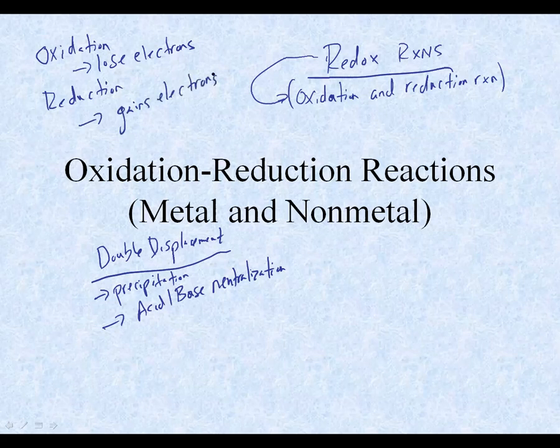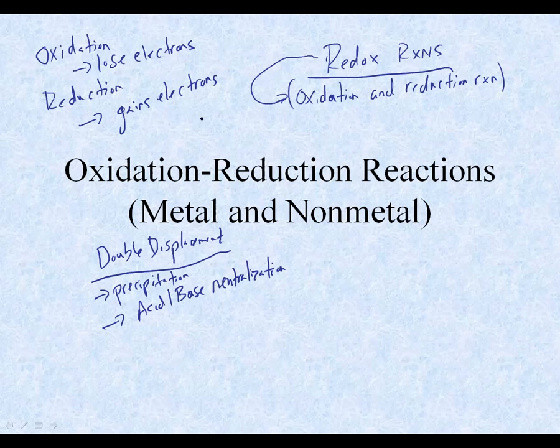So for most general chemistry applications, when we talk about oxidation and reduction, we're really looking at the idea of gaining and losing electrons. There are some other definitions of oxidation and reduction which involve oxygen and hydrogen. More so in organic chemistry you get into those, so we won't get into too much about that. We may see it in just a second.